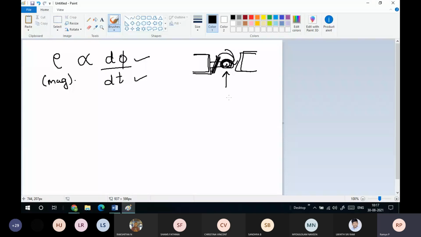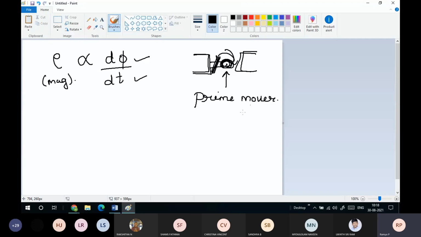To rotate the conductor, I am going to use one particular external device, called a prime mover. I'll be using a prime mover to rotate a conductor either in the clockwise or the anti-clockwise direction.